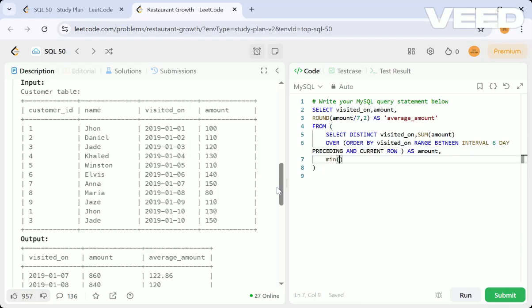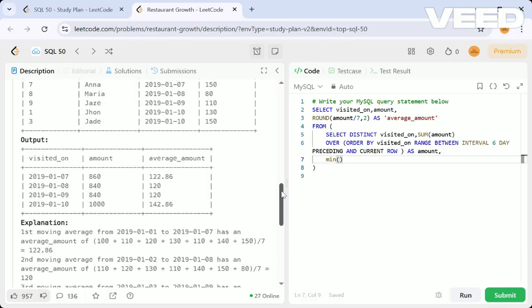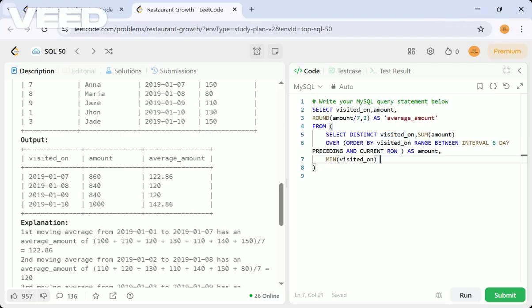So if you see here listed on what they are printing is the first date which we have taken, right? So sorry, for the first date, that is today's date, like that. Minimum of listed on over, just keeping as day one.